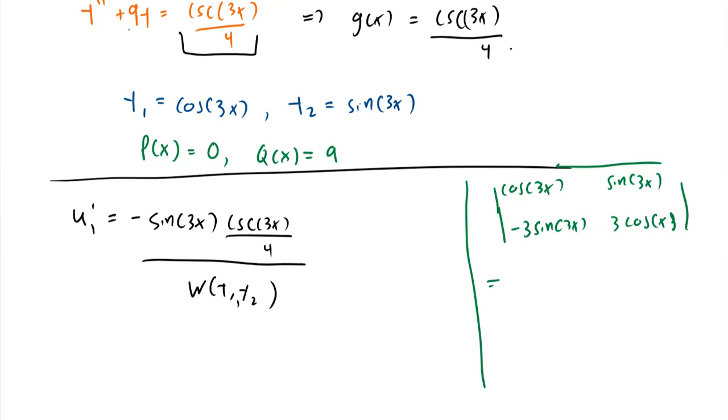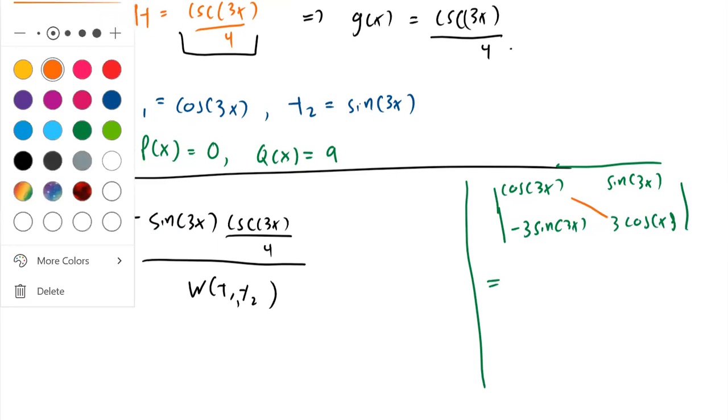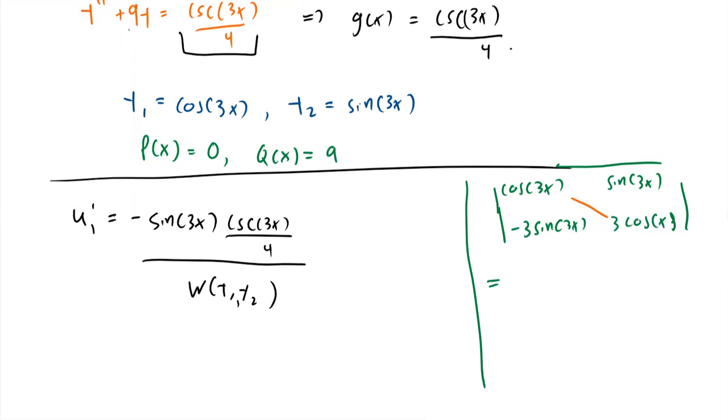See what that is, right? Multiply the diagonals. So this times this becomes 9 cosine squared x. Okay. And then we subtract the product of the other diagonal. The other diagonal is negative 3 sine 3x, sorry, times sine 3x. So what is that?